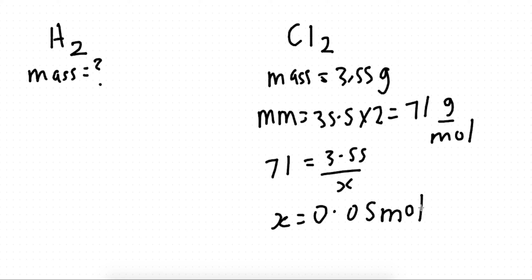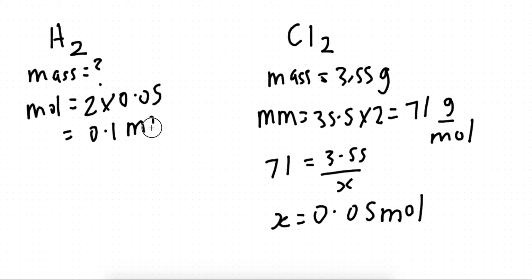The link, remember, is mole. Everything has to do with mole. You connect two things by mole. So twice the number of molecules, so the mole is 2 times more. If the mole of chlorine is 0.05, the mole of hydrogen is 2 times 0.05 because it's twice, which equals 0.1 mole.